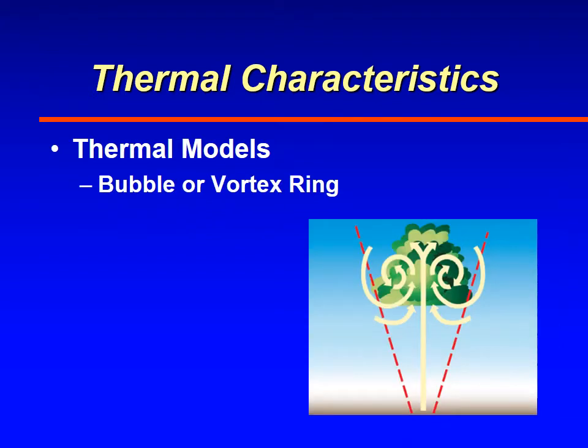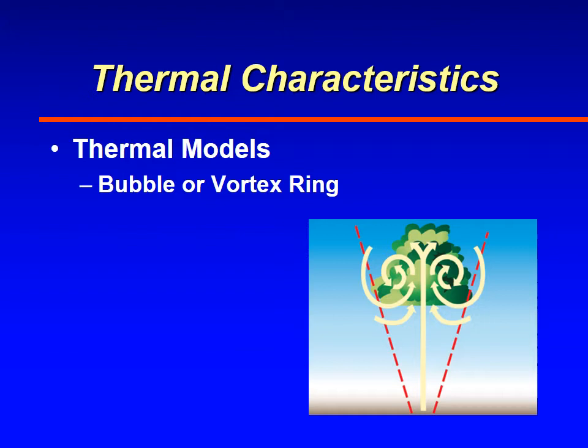Scientists have also discovered that sometimes thermals can be just bubbles by themselves, where they're heated from the ground or there's instability that causes them to rise. And these bubbles are not attached to the surface, they're not continuous, so they rise on their own. Sometimes they're also called vortex rings.